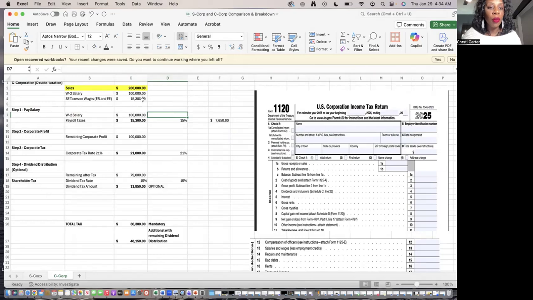In this scenario, you don't have to pay yourself as a W-2 employee unless you are working in the corporation. If you're not working in the organization, you're not in the day-to-day tasks, it's just kind of a well-oiled machine, then you would not have to pay yourself a salary.